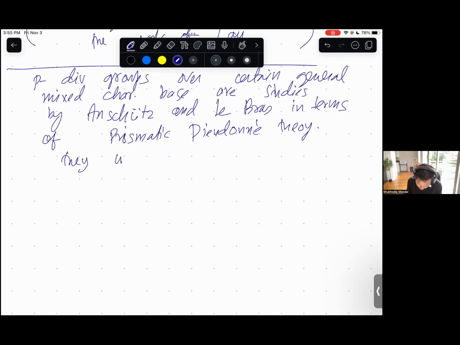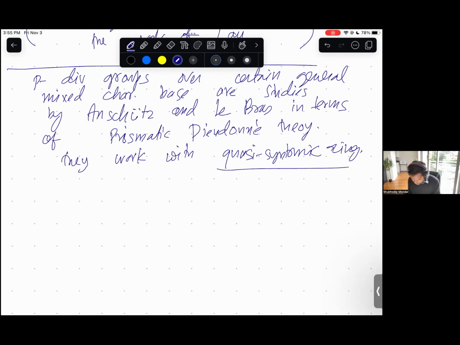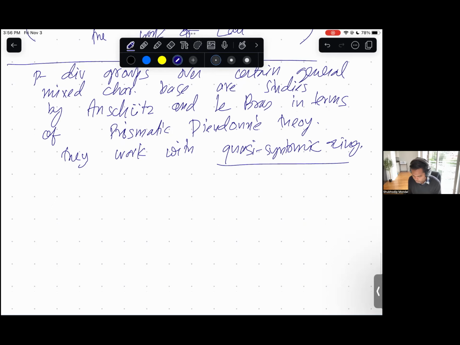They work with quasi-syntomic rings. Since I'm not giving the definition, let me just mention some features. There is no finite type assumption in this definition of quasi-syntomic, and anything that's smooth or a filtered colimit of smooth algebras is automatically quasi-syntomic, and anything that's syntomic is also an example of a quasi-syntomic ring.